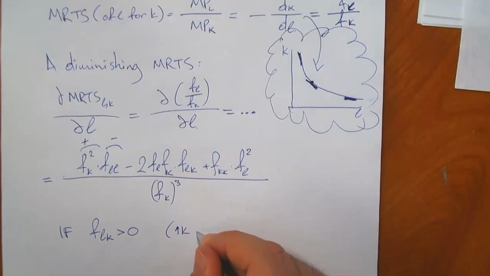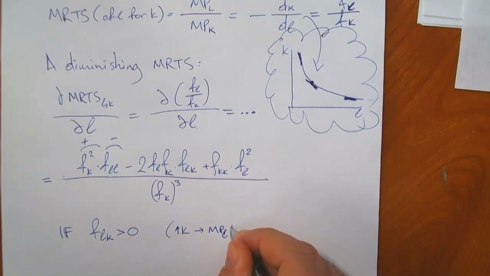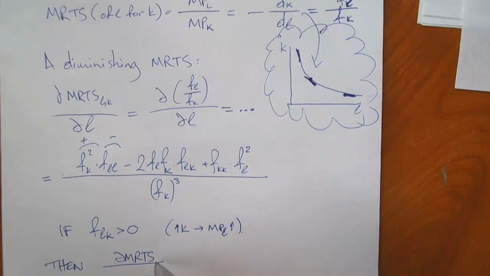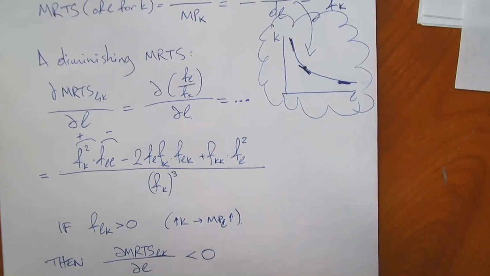As you increase capital, the marginal product of labor is going to be going up, right? If this is happening, then you can expect the derivative of the MRTS with respect to labor to be negative. But on the other hand, if this particular derivative, which is the same as F_KL because of Young's theorem, you remember from your math, is less than zero, then you are not sure about the value.